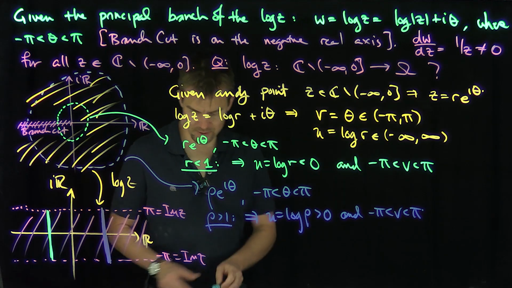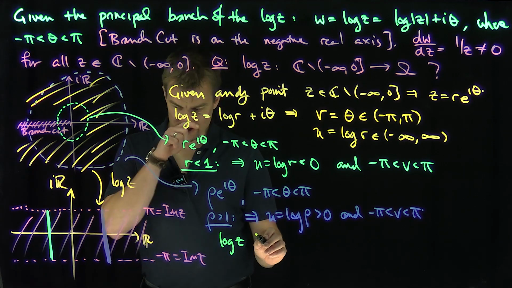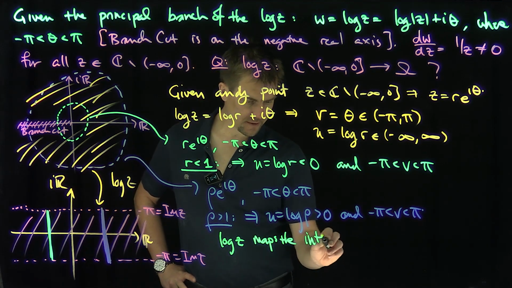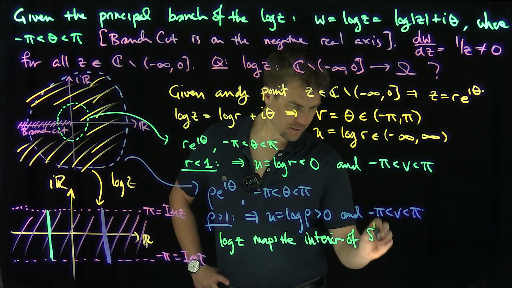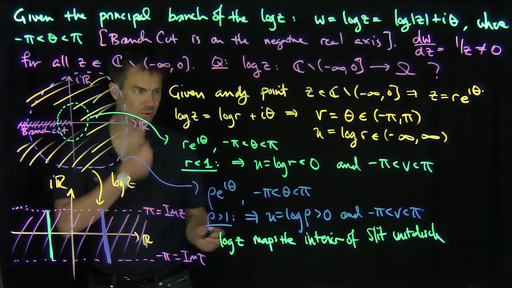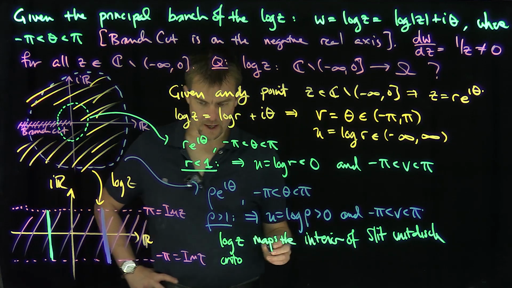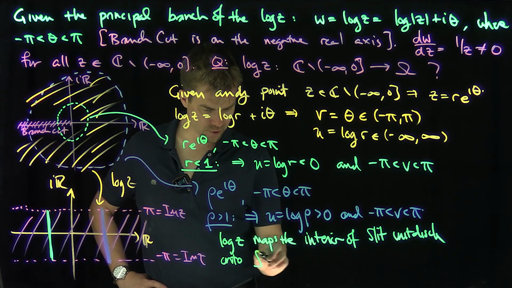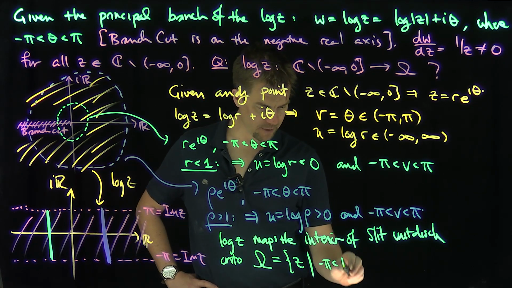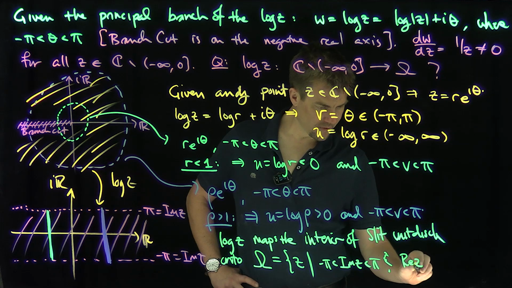So what's the upshot of this? The upshot is that log z maps the interior of the slit unit disk onto this region, I'll call this region omega, which is the set of z such that the imaginary part of z is between negative pi and pi, and the real part of z is less than 0.